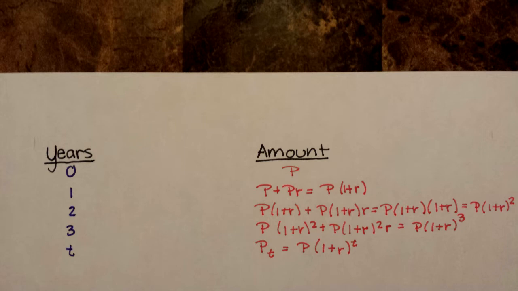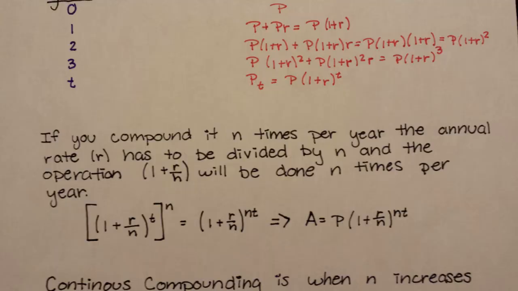The basic equation for this is pretty much that at T years, the amount is P subscript T, which equals P(1 plus R) to the power of T. Next, if you compound it N times per year, the annual rate R has to be divided by N, and the operation (1 plus R over N) will be done N times per year.